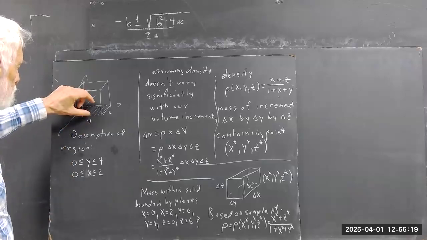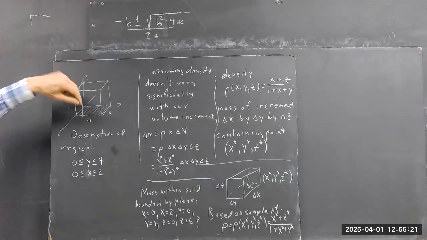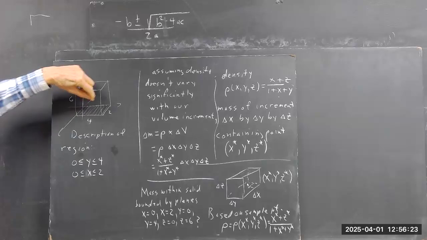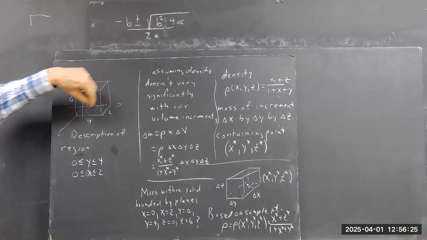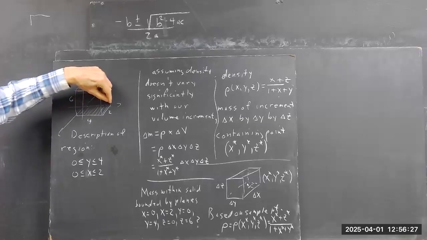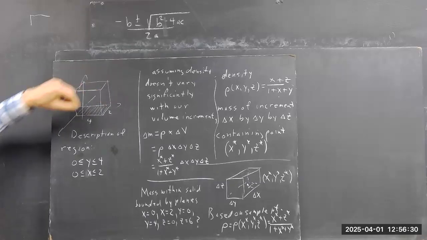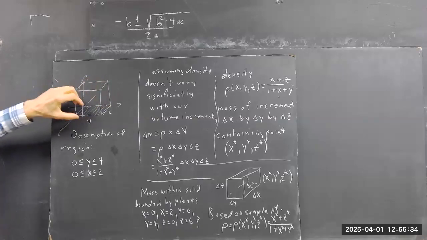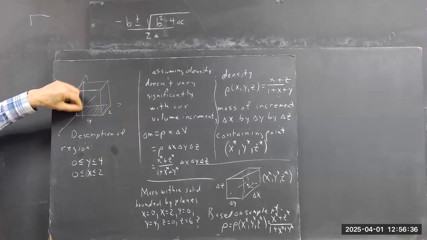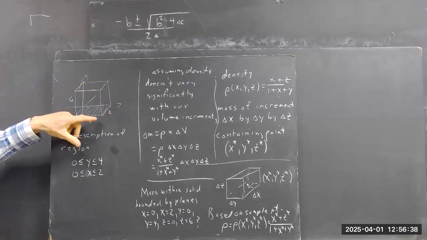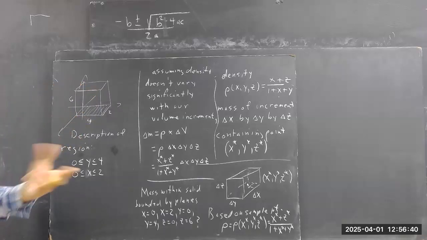So these strips here correspond to subdivisions, partitions of the interval from y equals 0 to 4. And each interval then corresponds to a strip in the xy plane.